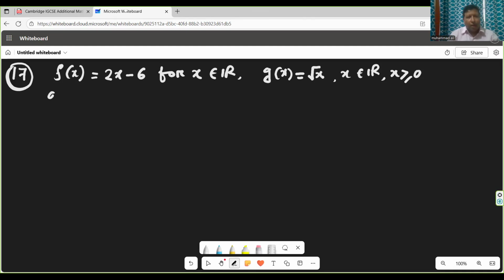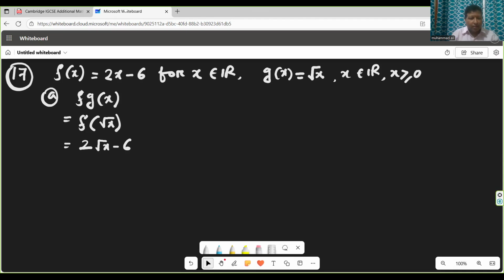So for part a, fg(x), we may find fg(x) at first. If g(x) is root over x, we have to put this root over x in the f function instead of x. So it will be 2 root over x minus 6. So our fg(x) equals 2 root over x minus 6.